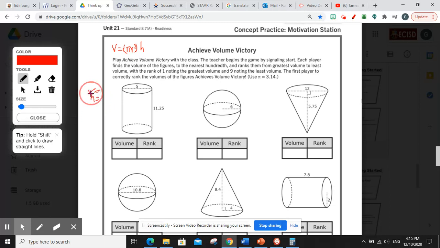So now, is my radius 5? No, you should recognize that this is going completely across, so therefore it's my diameter, which means I need to cut that in half. And half of 5 is 2.5. And then my height, of course, is going to be 11.25. And then I'm going to put this in place of this.